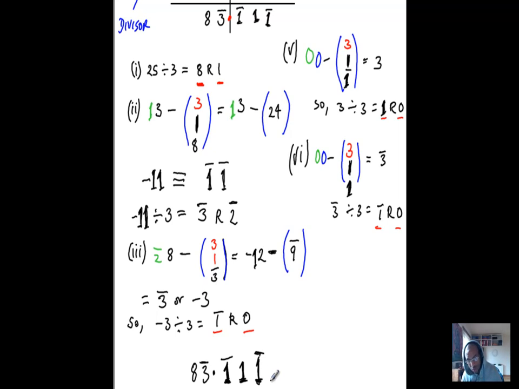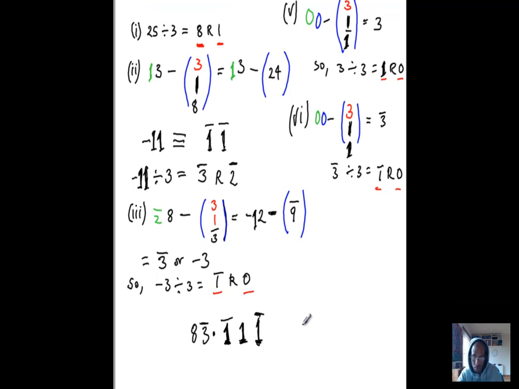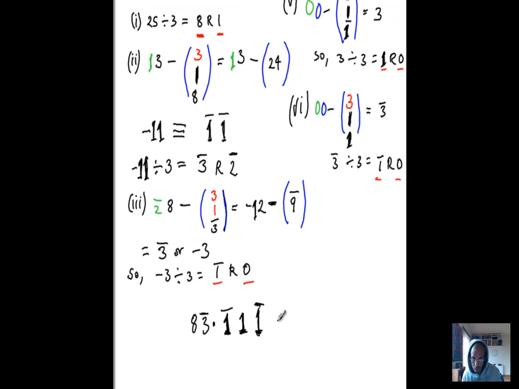So you've got the 1, bar 1, 1, and another bar 1. And we could probably, strictly, you could have written that 3 bar, 1 bar, 1, and 2 dots over the top to signify the recurring decimal.